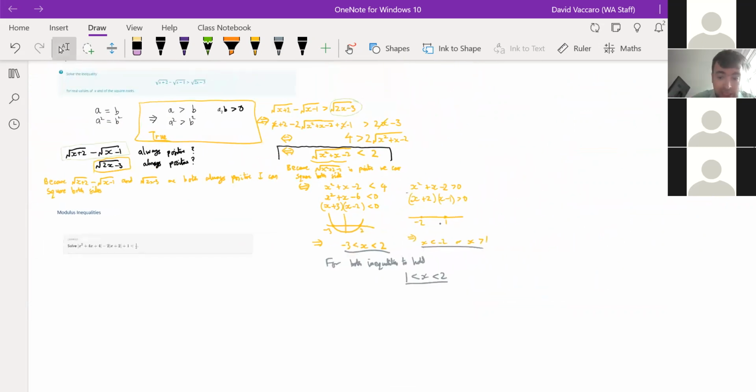Right, let's take a vote here. Is this the final answer? Put a thumbs up if you think that this is the final answer. 1 is less than x is less than 2.